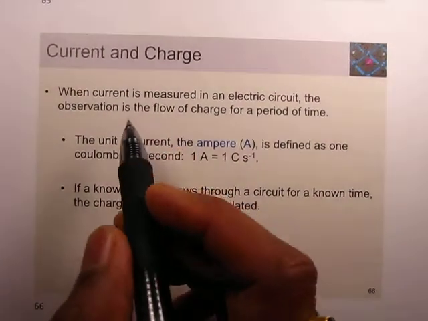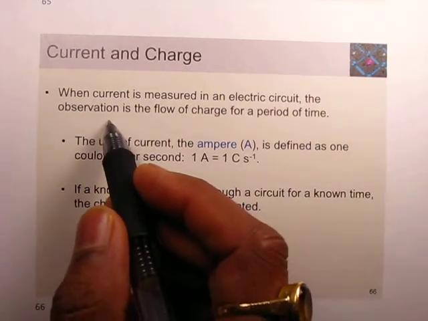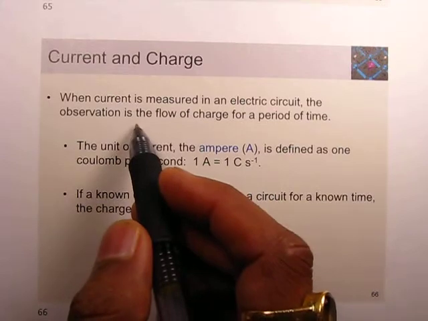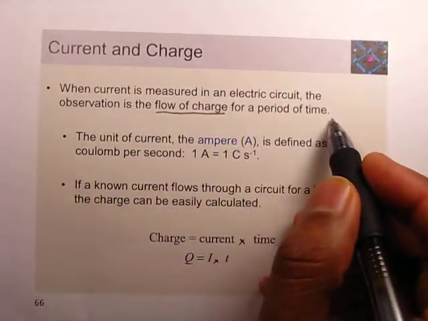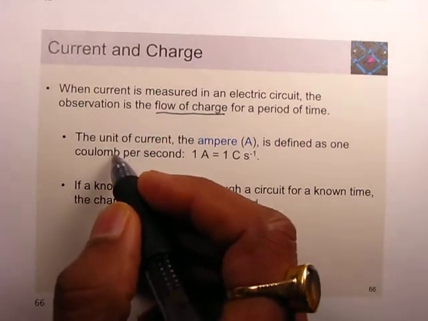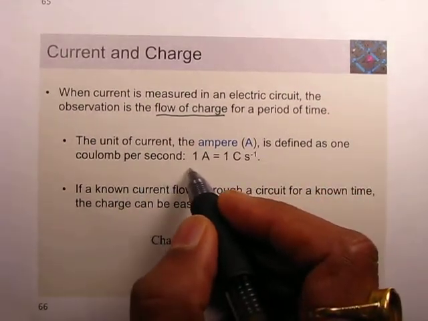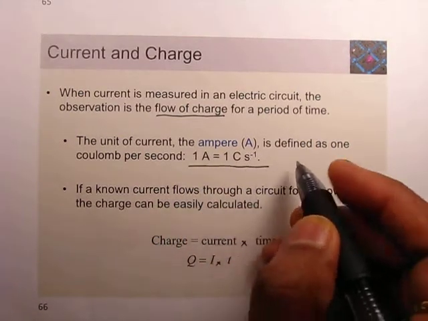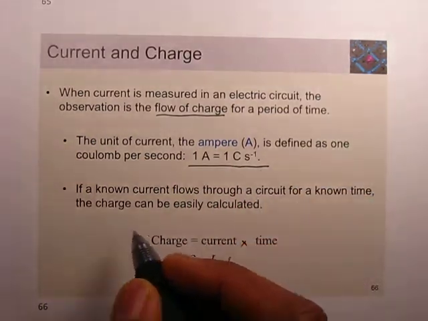When current is measured in an electric circuit, the observation is the flow of charge for a period of time, and the unit of current is the ampere, which is defined as 1 coulomb per second. So I is equal to 1 ampere is equal to 1 coulomb per second.